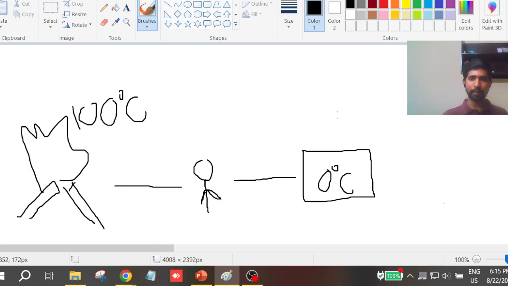But after some time you have to experience either hotness or some coldness, right? I'm just saying that there is no airflow in this room. If you can imagine a room, there is no airflow which is happening.